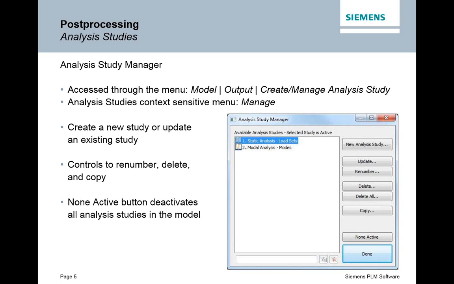Here you can create a new study or update an existing one. There are controls to delete, copy, activate, and deactivate. This is kind of similar to the analysis manager, but this is completely separate. So your analysis manager still exists. This is just helping with organizing all of your output.